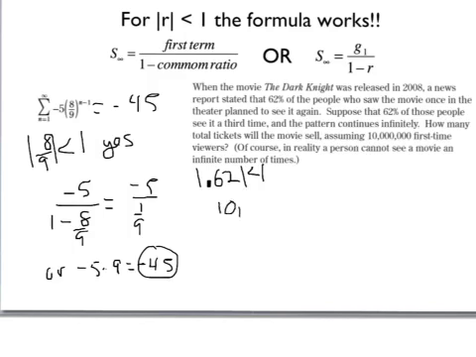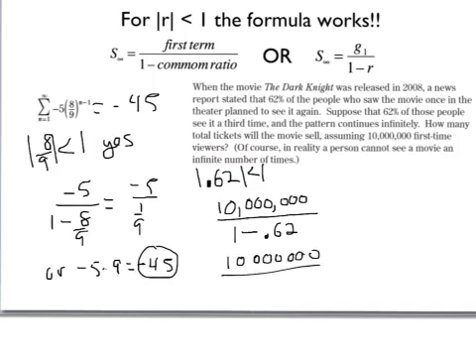We start out with 10 million divided by 1 minus 0.62, or 10 million divided by 0.42, which is approximately 23,809,000. You can check it out on your calculator.